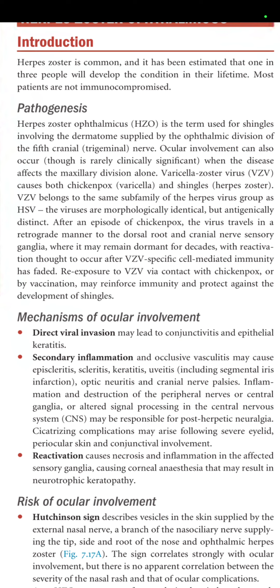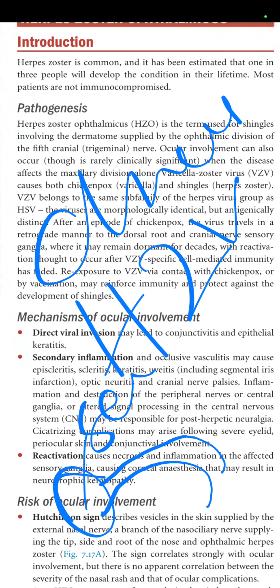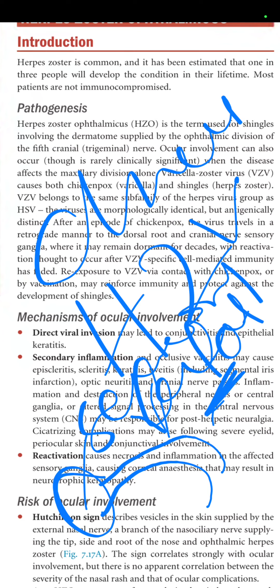So the writer is trying to say that when a person gets infected with chickenpox, the virus travels through the dorsal root and remains in the sensory ganglion of the cranial nerve. It remains latent there, but it will get reactivated when their immunity fades.